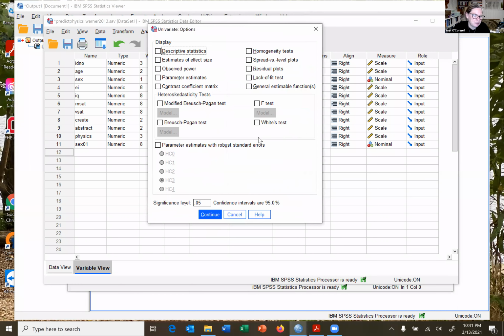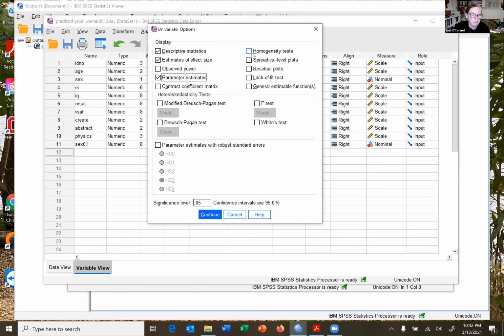And for options, I want to include descriptive statistics. I want estimates of effect size, and I want the parameter estimates so that we can see how it relates back to the regression. None of these others are going to make sense for us in this example.